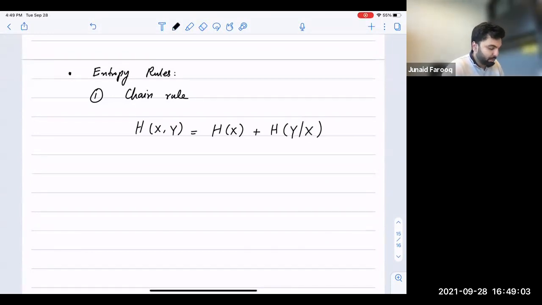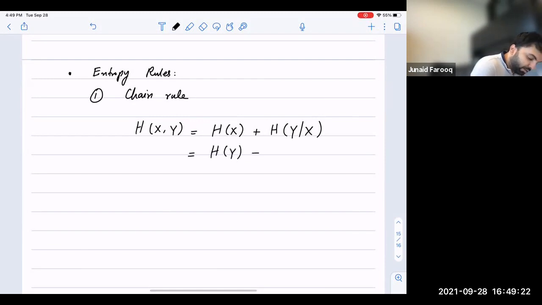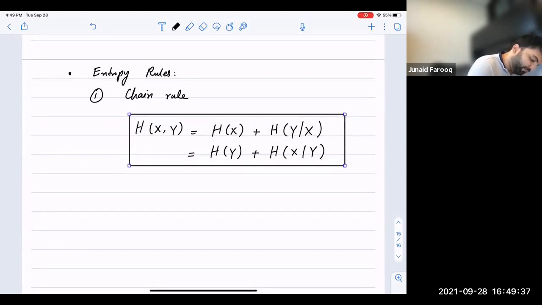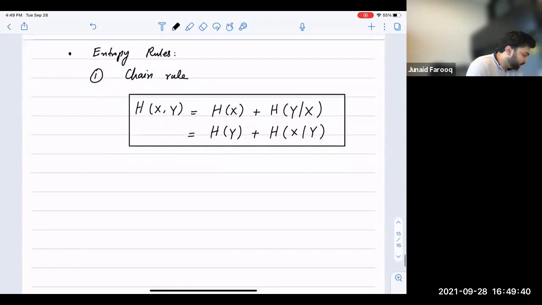So it's the entropy in x plus the remaining entropy in y. Or it can also be written as the entropy in y, plus the remaining entropy in x given you observe y. Okay, so these are important results that will help you compute those quantities if you know some of them.